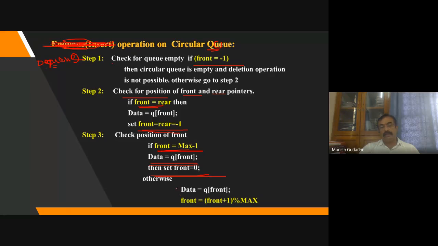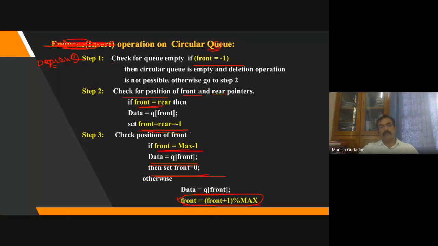And last thing, if it is an element in between, data will be printed and front will be changed in the similar way we changed rear. So front is equal to front plus 1 modulo max. Max is the size of the array. This way we are able to delete an element from a circular queue.